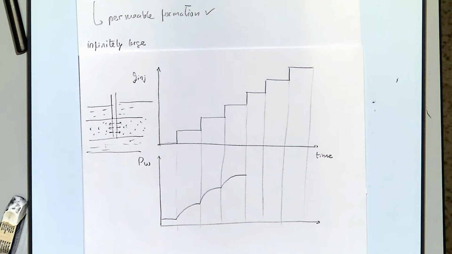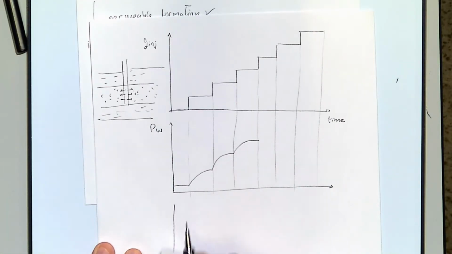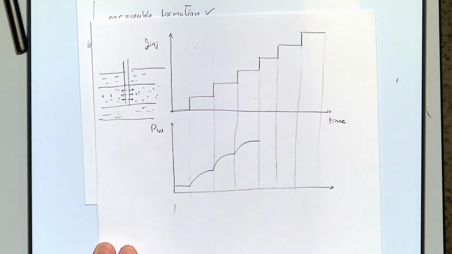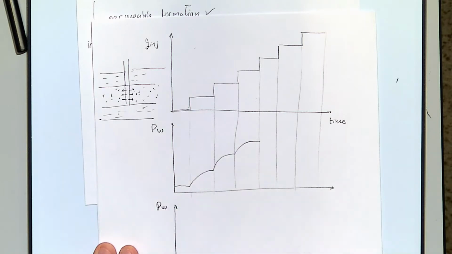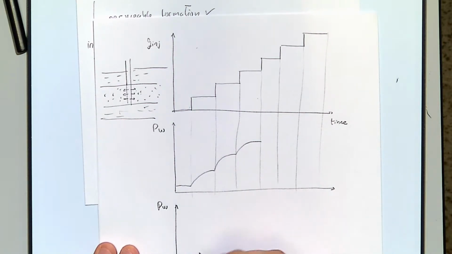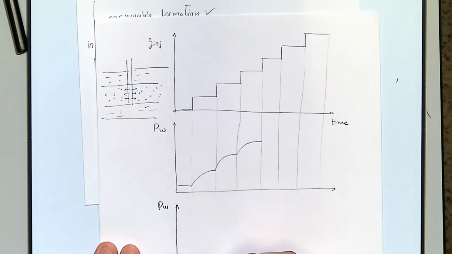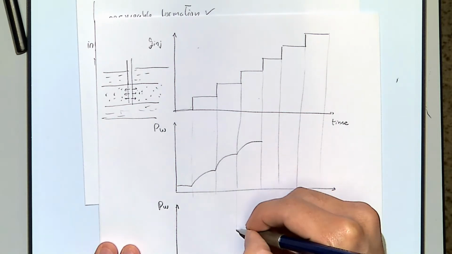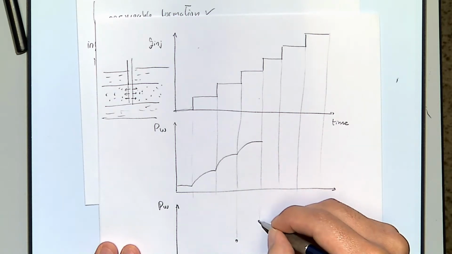If you pay attention closely or try to interpret what I drew, if I were to now plot pressure as a function of injection rate, at the beginning, let's say pressure is somewhere over here, and then it's over here, and then here, and then here.